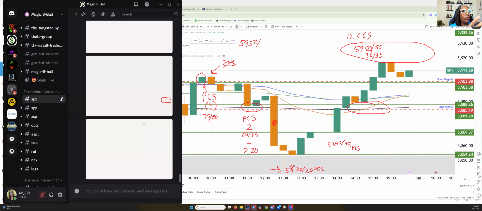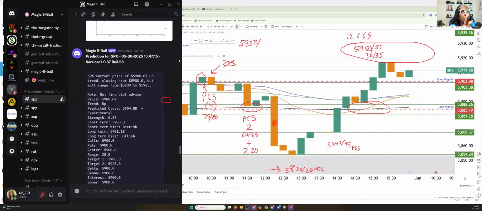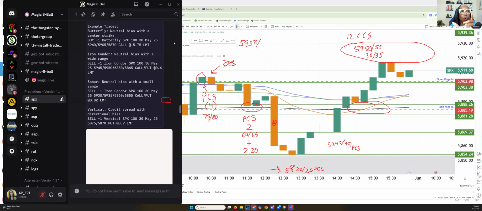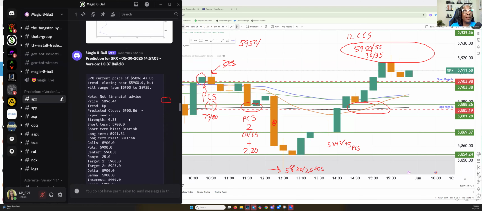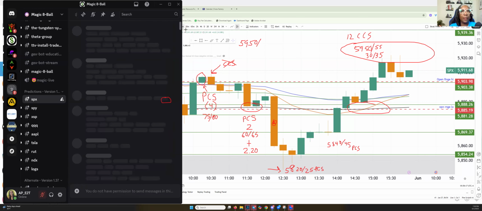When I did a little bit of research, it wasn't in depth, but the first two or three trades in the morning were flipping. The first trade was coming out with a put credit spread, for example, and then the next trade would come out with a call credit spread.